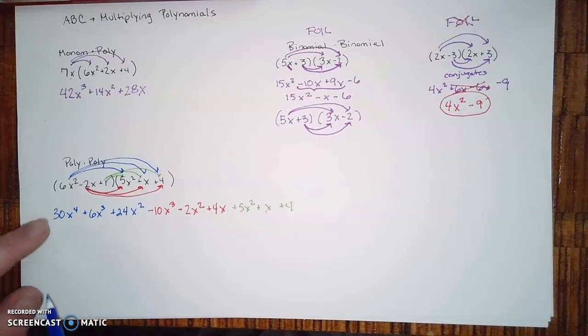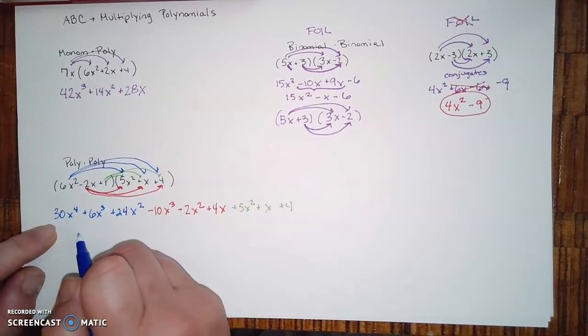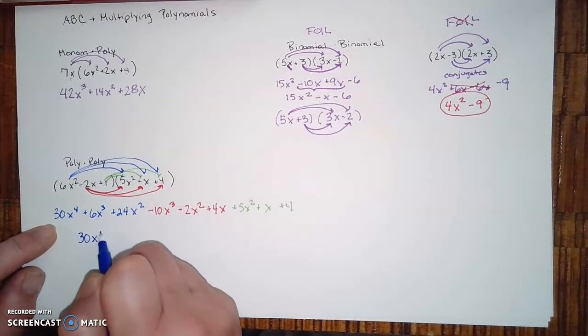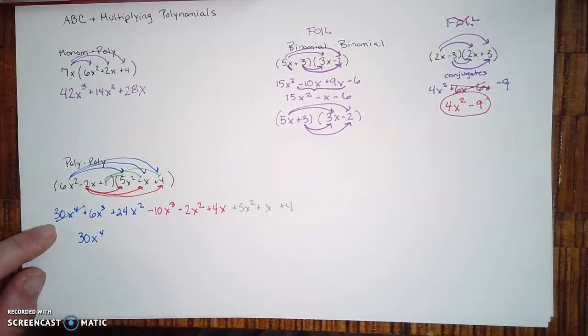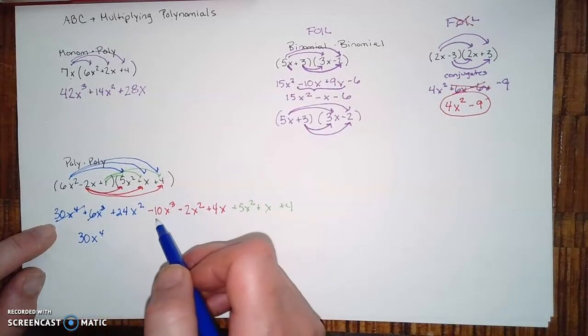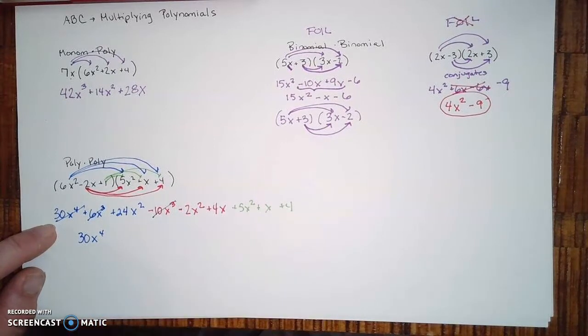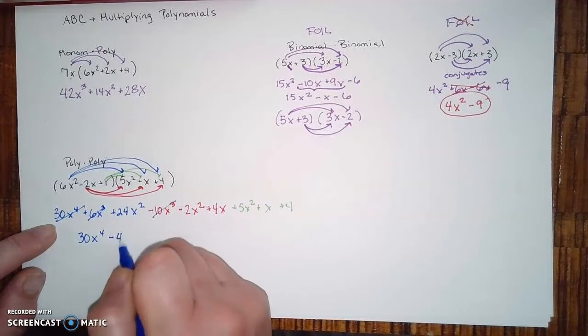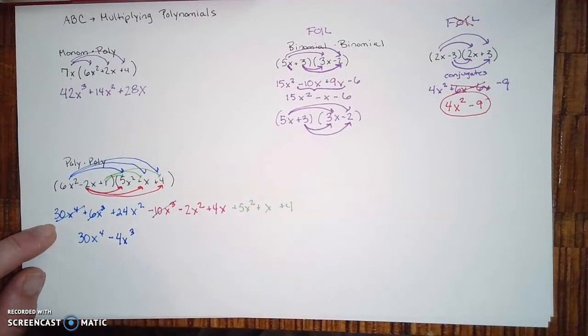So I'm going to combine like exponents. In terms of fourth power, there's only one of them, 30x to the fourth. So I'm going to look for third powers. I've got a 6x to the third, negative 10x to the third. That's it. So it's negative 4x to the third. Now I'm going to look for squareds.